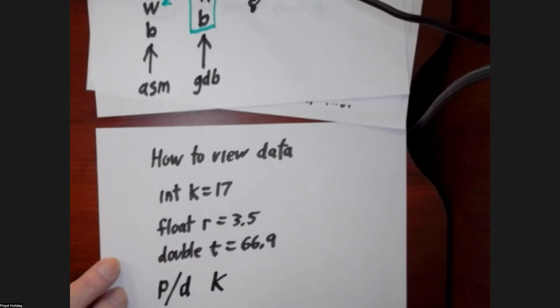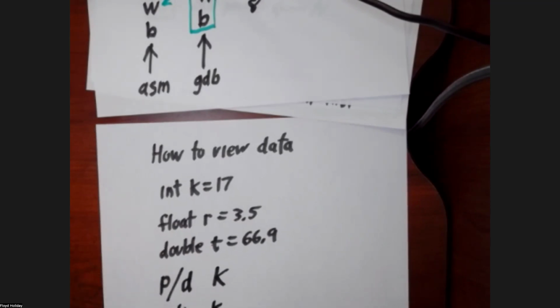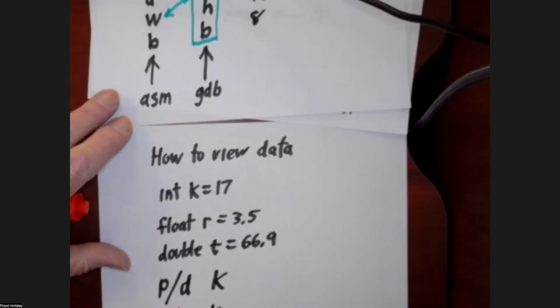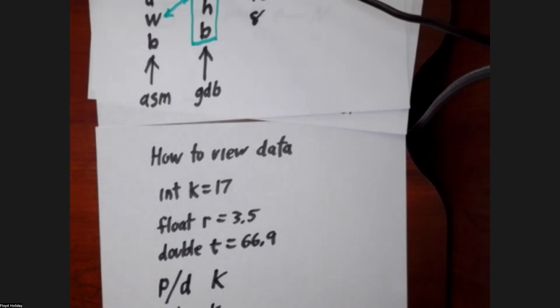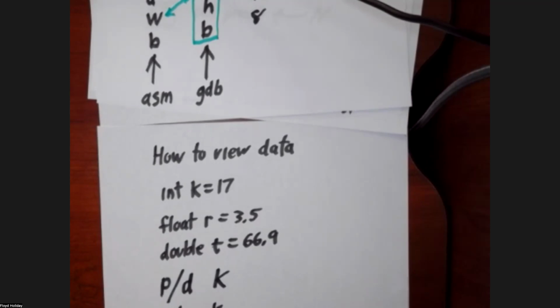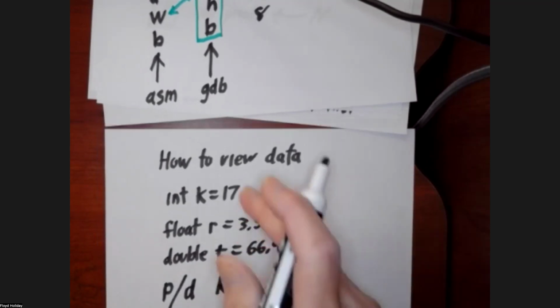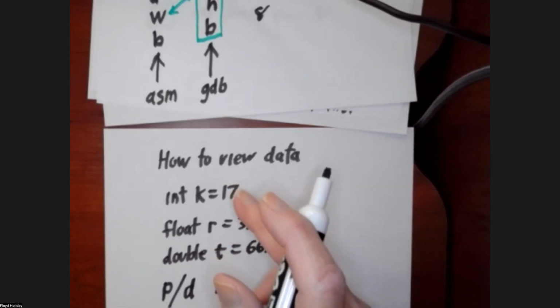Okay. Now, P with a different parameter, like T, is going to output 10001 for 17. And P slash U K, well, if K were negative, this would have some difference. But K is a positive number. It's simply going to output K is 17.